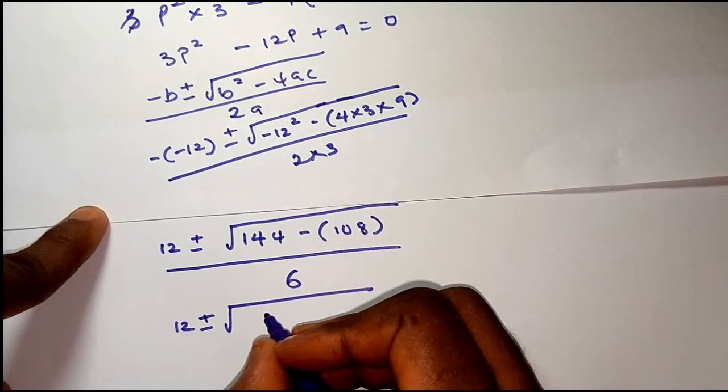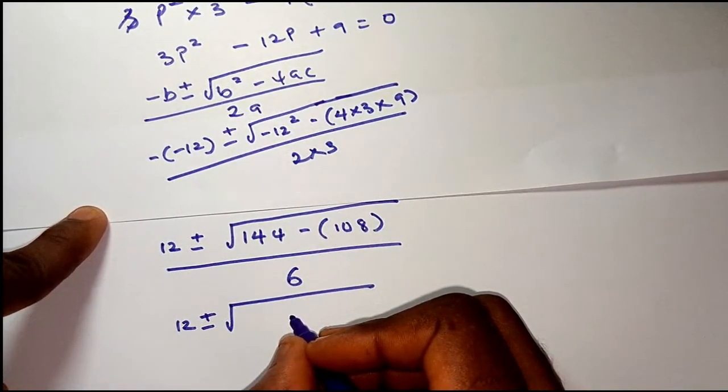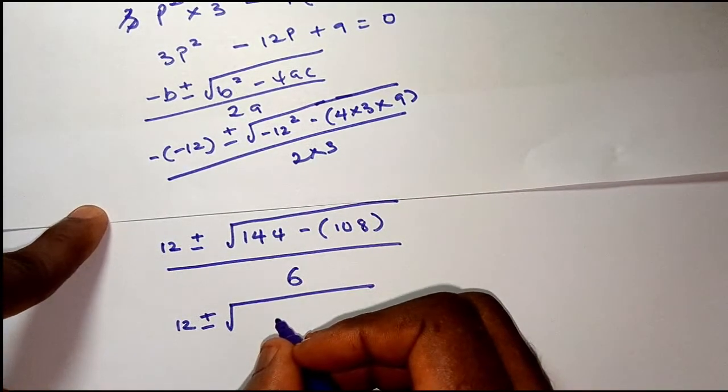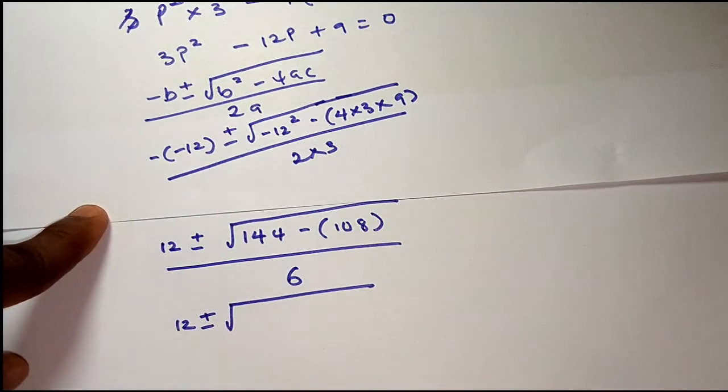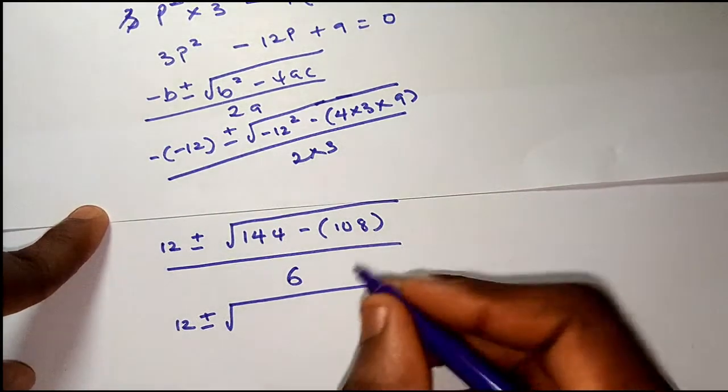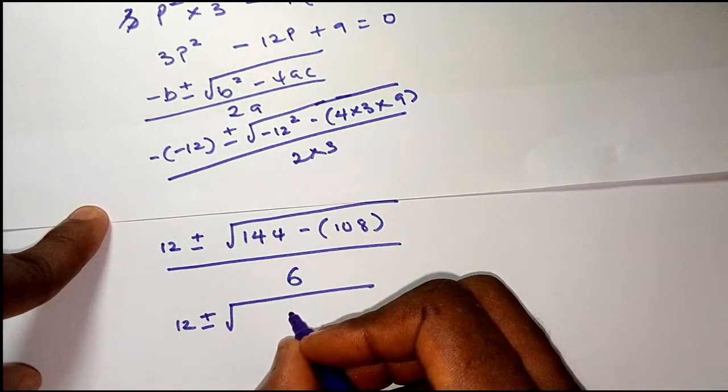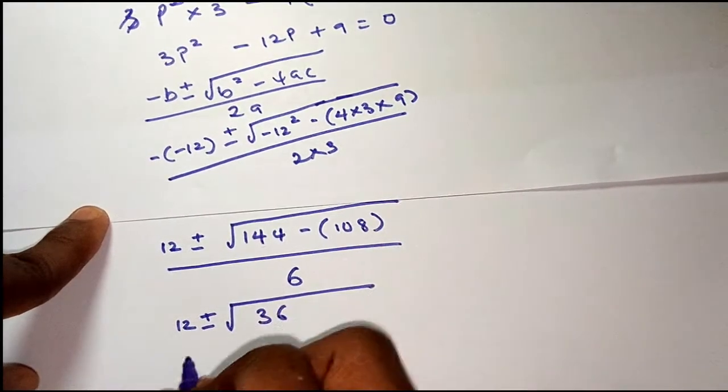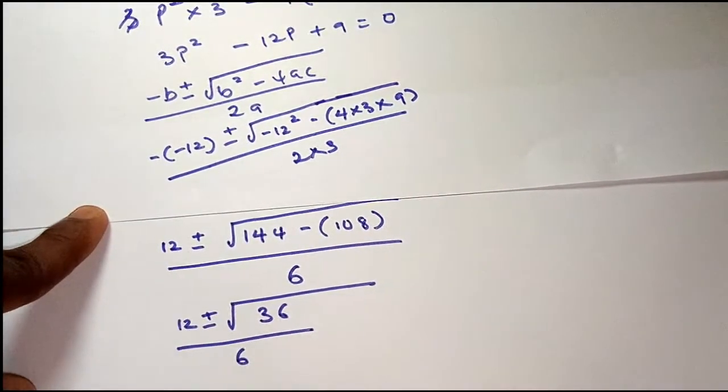So we have here 144 minus 108. If we subtract that, we should be having 36.